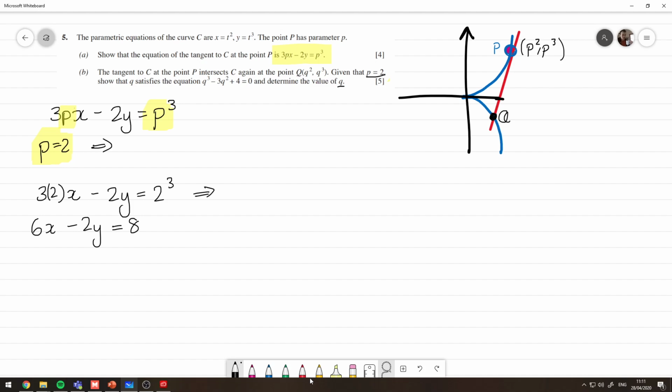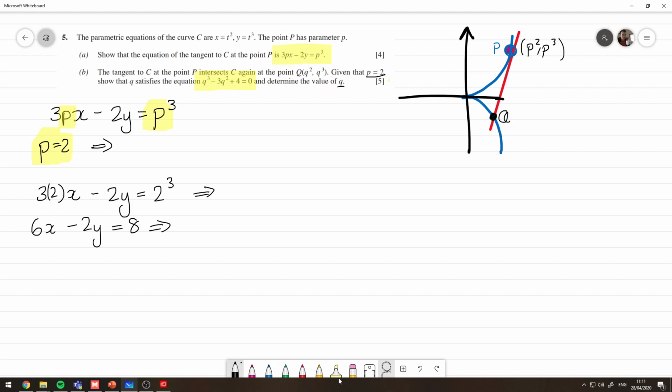And I'm supposed to get some q values out from this. It's a little bit hard to see at the moment, but you might notice that these numbers 6, 2 and 8 are in the same ratio as 1, 3 and 4. So we are along the right lines already.